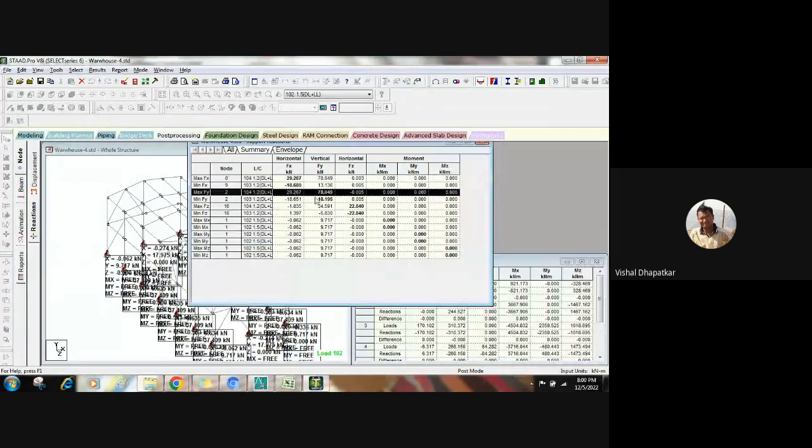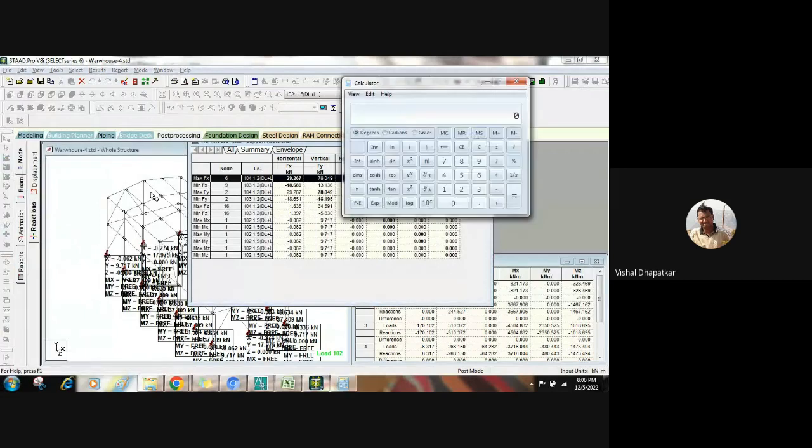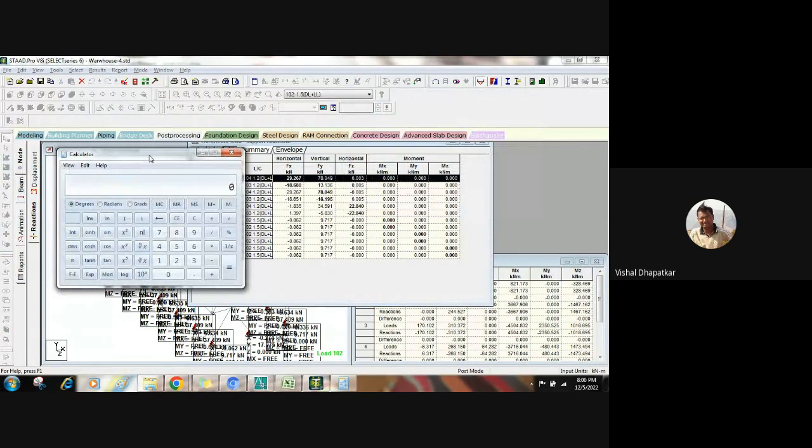So from this you can see the maximum compression is only 78 kilonewton, maximum tension is 18 kilonewton, and maximum shear is 29 kilonewton. When the maximum shear is 29 kilonewton, you have an axial force of 78 kilonewton. The friction coefficient between the concrete pedestal and base plate is 0.4.